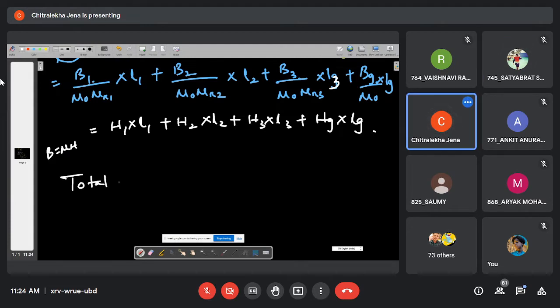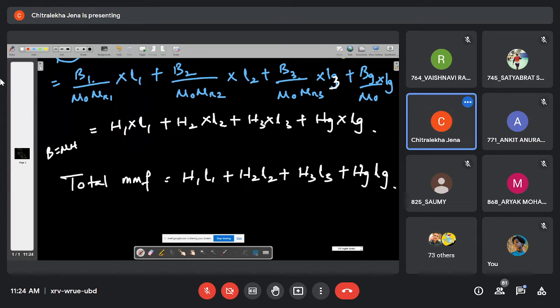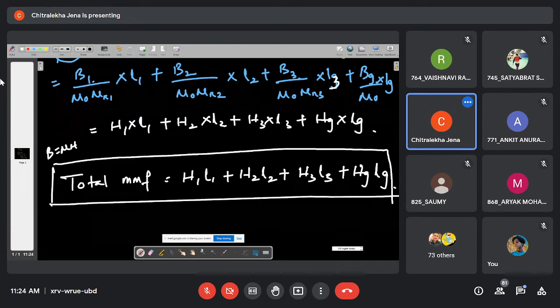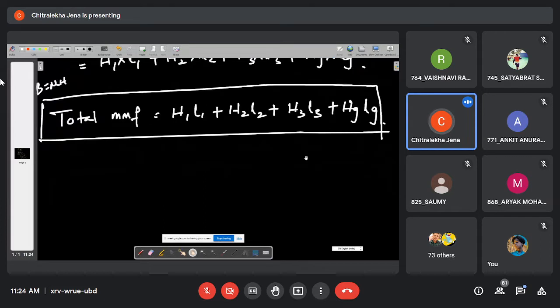Total MMF is H1 L1 plus H2 L2 plus H3 L3 plus Hg Lg. This is the formula for a composite magnetic circuit where the circuits are connected in series or parallel. Parallel is not in your course. Only series circuit is there.